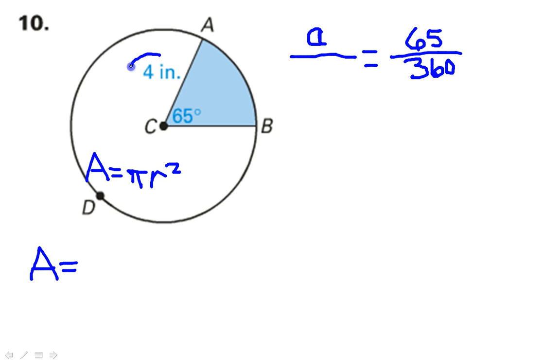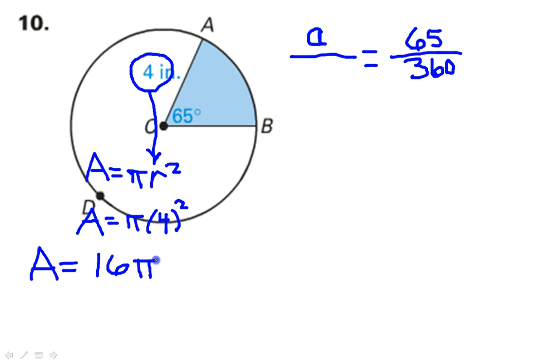But we're given that the radius is 4, so we can substitute that in. That's going to give us that the area is pi times 4 squared, which we would more comfortably write as 16 pi. So that is the whole area.